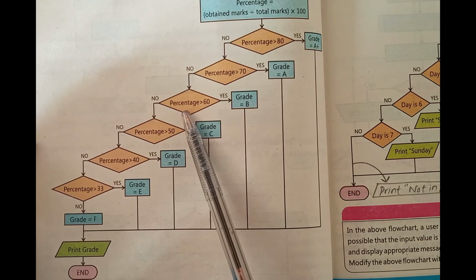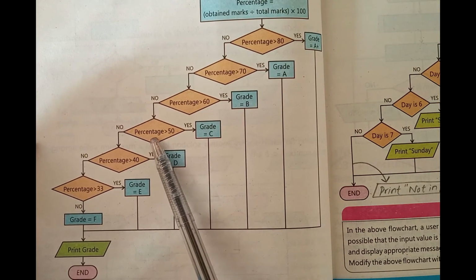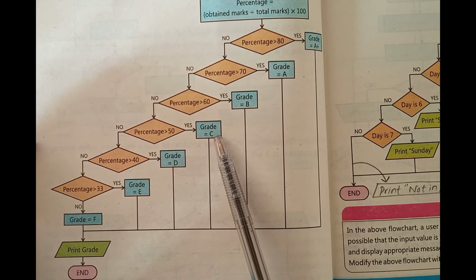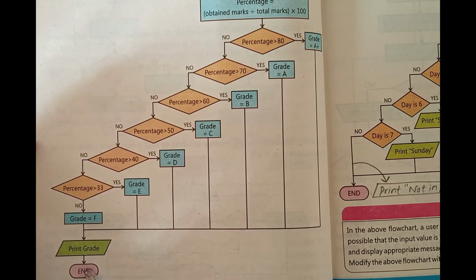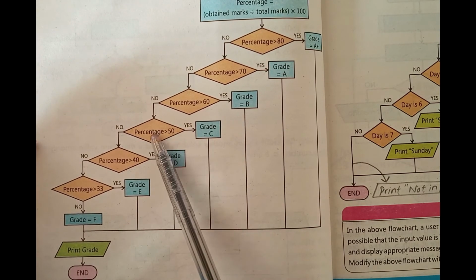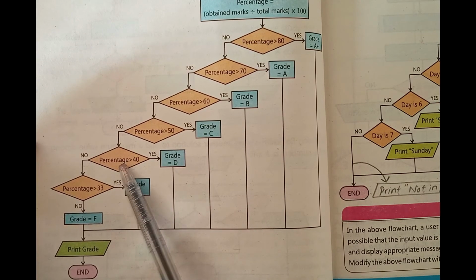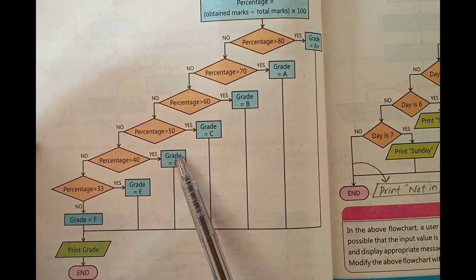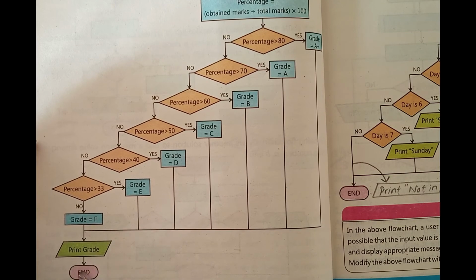If the percentage is not greater than 60, then it goes down. Percentage greater than 50, if yes, then grade C will be given, and it will print grade, and the flowchart will be ended. And if the percentage is not greater than 50, then it goes down. Percentage greater than 40, if yes, then grade D will be given, and it will print grade, and the flowchart will be ended.